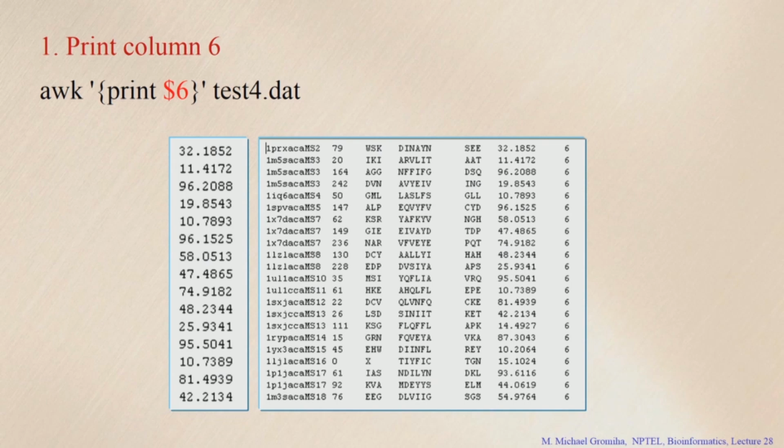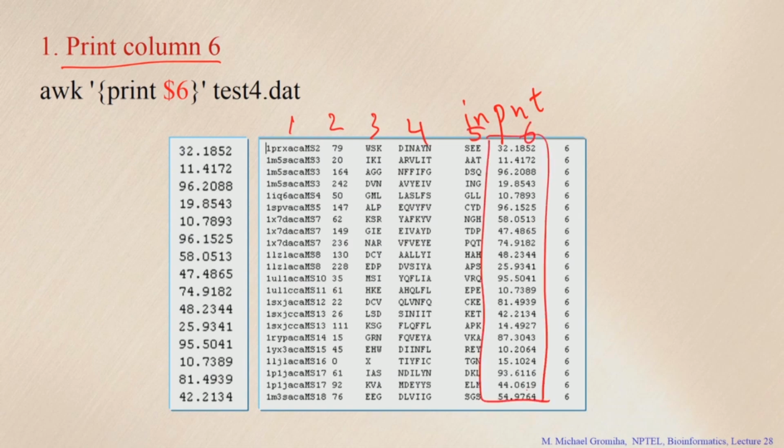Let us start from the simplest one. We have an input file, and the first question is: print column 6. Which one is column 6? 1, 2, 3, 4, 5, 6, this is column 6.